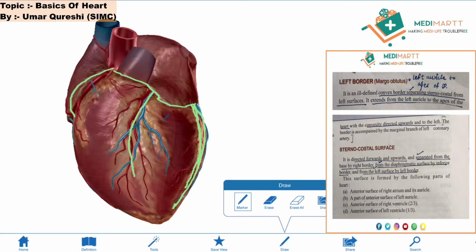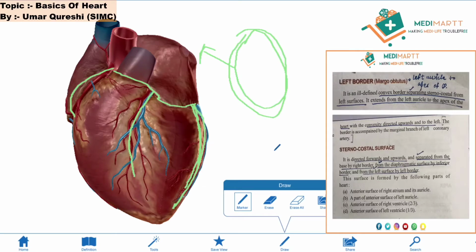If we assume a circle, the outer lining of this circle is called the margin. That's why it is called the marginal branch of the left coronary artery. Okay, so that's it for the left border.